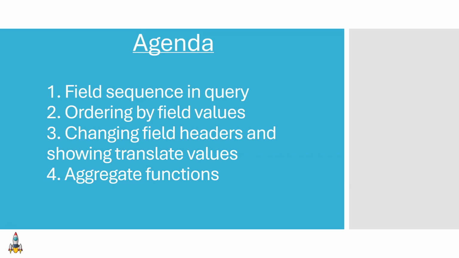Using the Fields tab, we can do this, and we can also include aggregate functions, like minimum, maximum, sum, count, etc. All of these operations can be performed using the Fields tab. So I hope you are excited to learn with me, and let's get started.